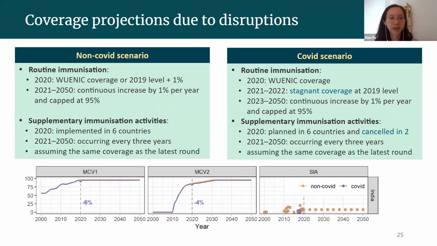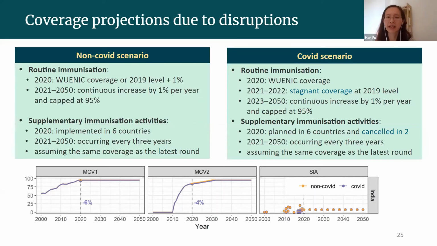For the supplementary immunization activities, we follow the records saying that 6 countries are planned to have SIAs during the year, and we assume they proceed as planned. For the future projection period, we assume that SIAs are conducted every 3 years with the same coverage as the latest round recorded.